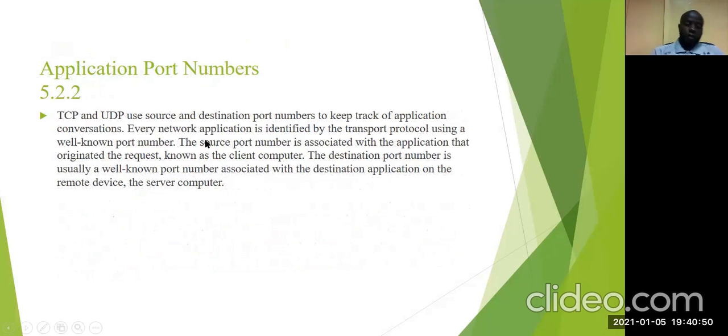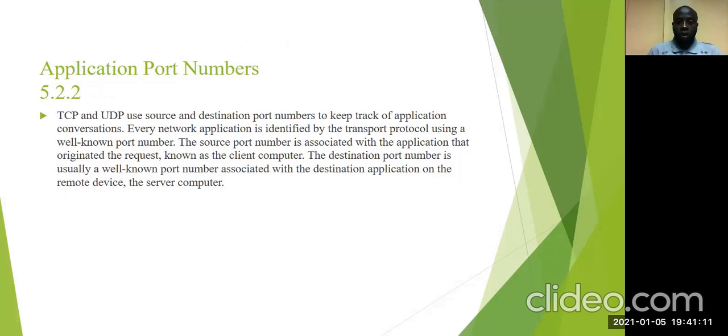Application and port numbers. TCP and UDP use source and destination port numbers to keep track of application conversations. Every network application is identified by a transport protocol using a well-known port number.